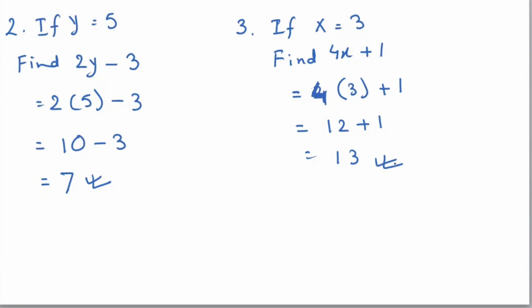Okay. Let's take some more questions. It says if m equal 6. This is question number 4. We have to find 5m minus 2. See here, we are using m to represent the variable. So in step number 1, what do we have to do?